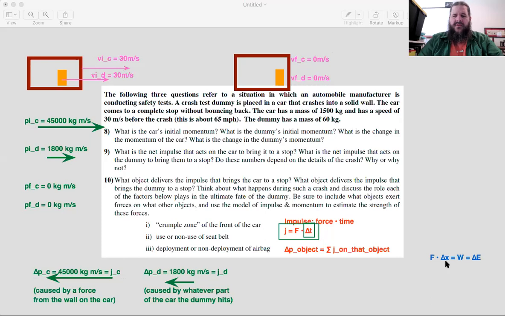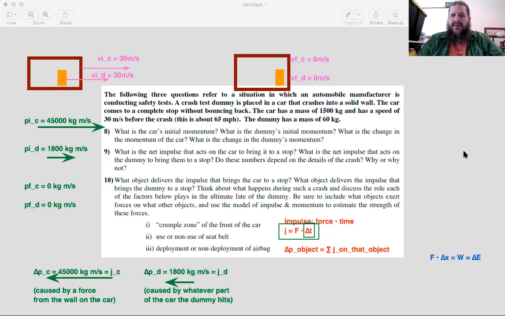So that force you're applying is changing momentum and changing the kinetic energy. But which one you actually care about determines whether you want to multiply force times time to figure out the impulse or change in momentum, or multiply force times distance to figure out the work or change in energy. So these are very similarly structured formulas in some ways, but they're subtly different in the sense of, are you looking at momentum changes or energy changes?